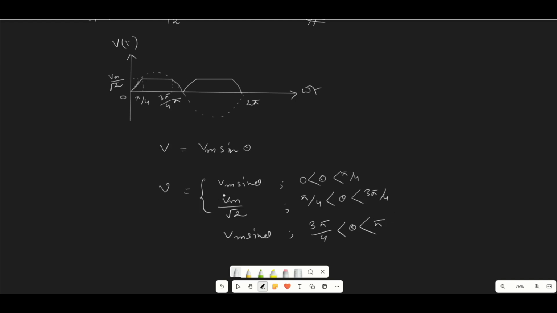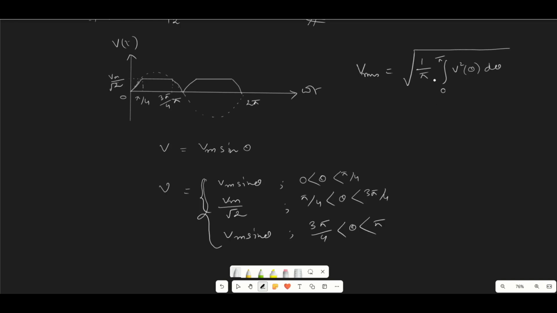Now this will repeat for the next cycle. So if we have to determine the Vrms value, now it is just repetition, so instead of doing 1 by 2 pi, we can directly do 0 to pi, of V square theta d theta.